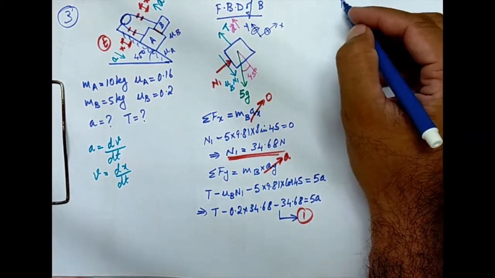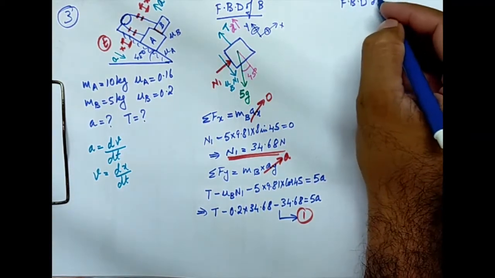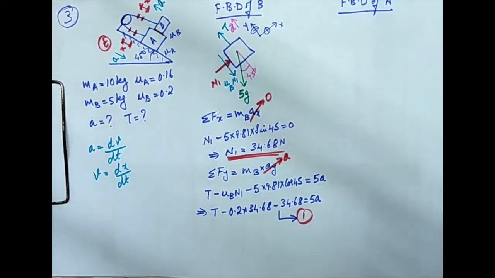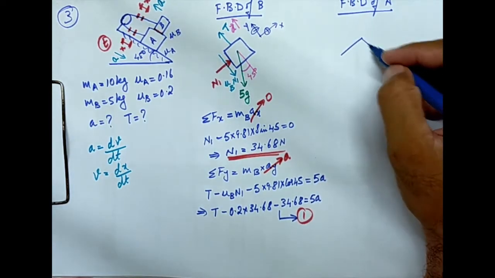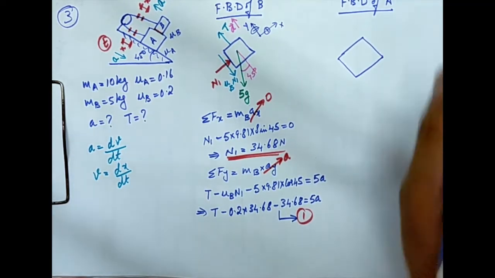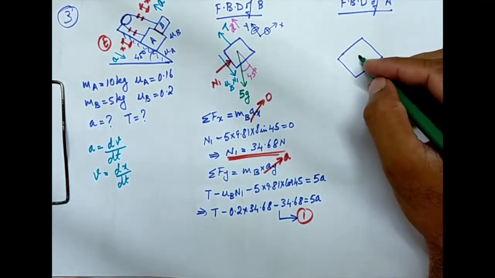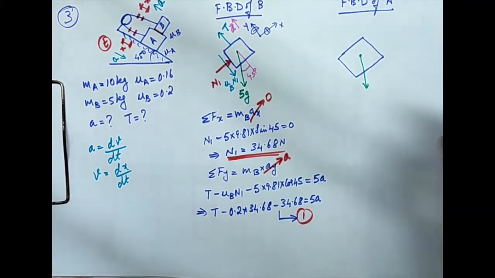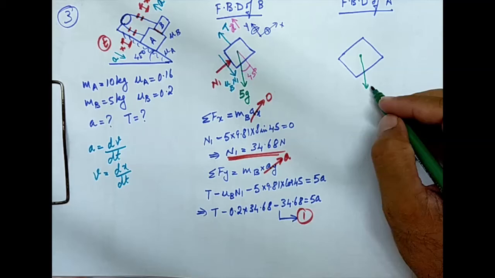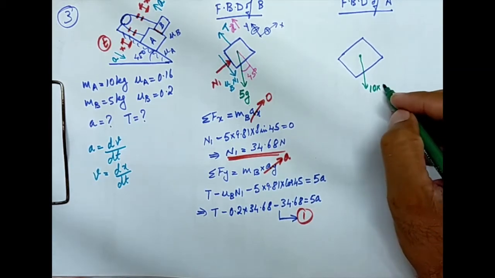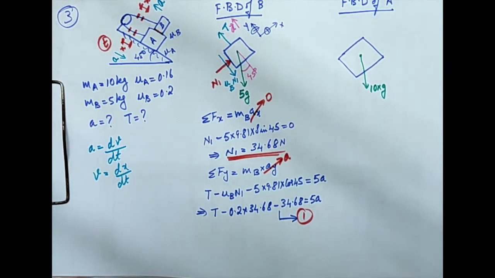Now let's consider the free body diagram of block A. So block A is available. It is having a mass acting vertically down, which is 10 kg. So converting it into weight, I'm having 10g.